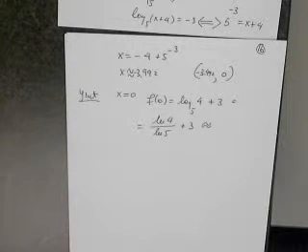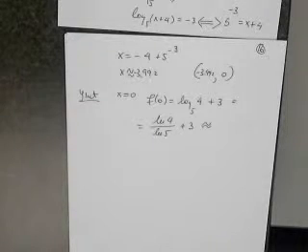So I think if you go to math, I think these new calculators have that option. 4 divided by natural log 5, and then plus 3. 3.86.